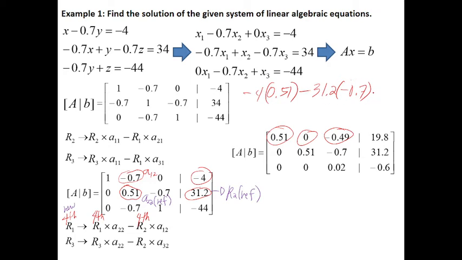No? Check natin kung 19.8 using a calculator. So, check lang natin.